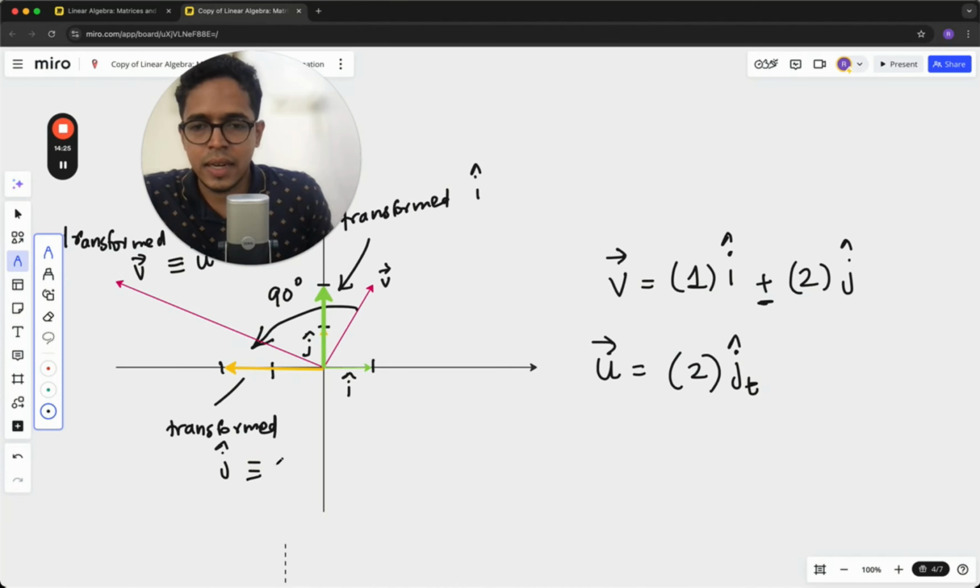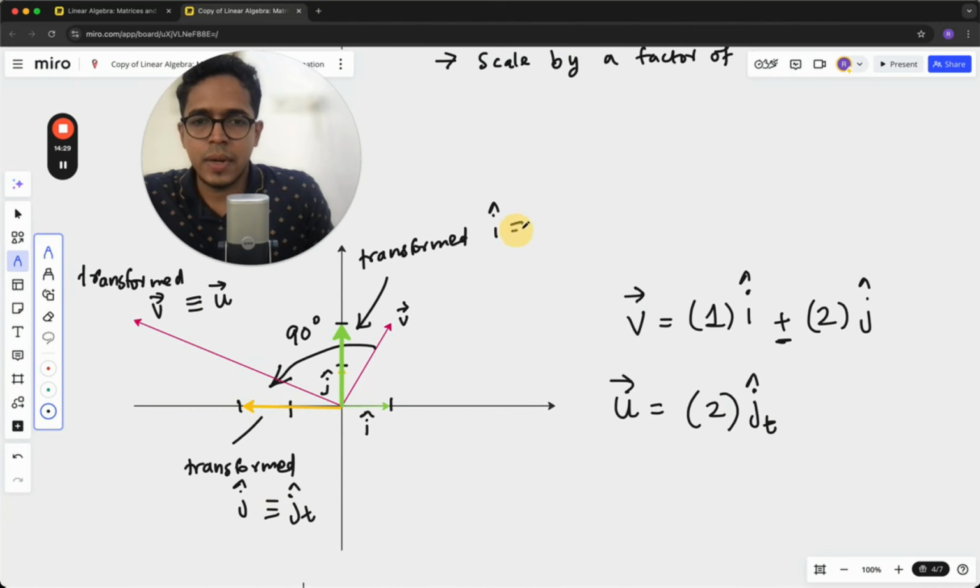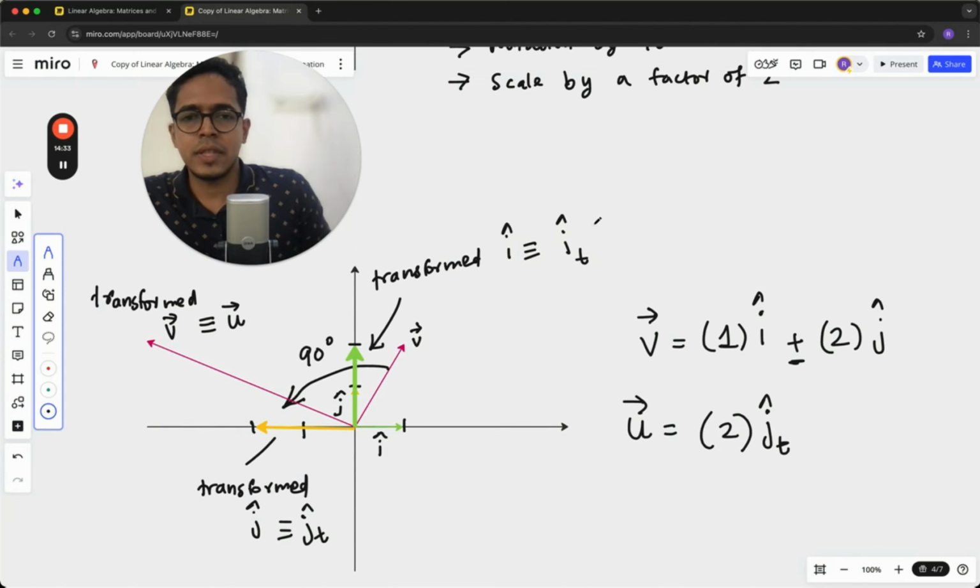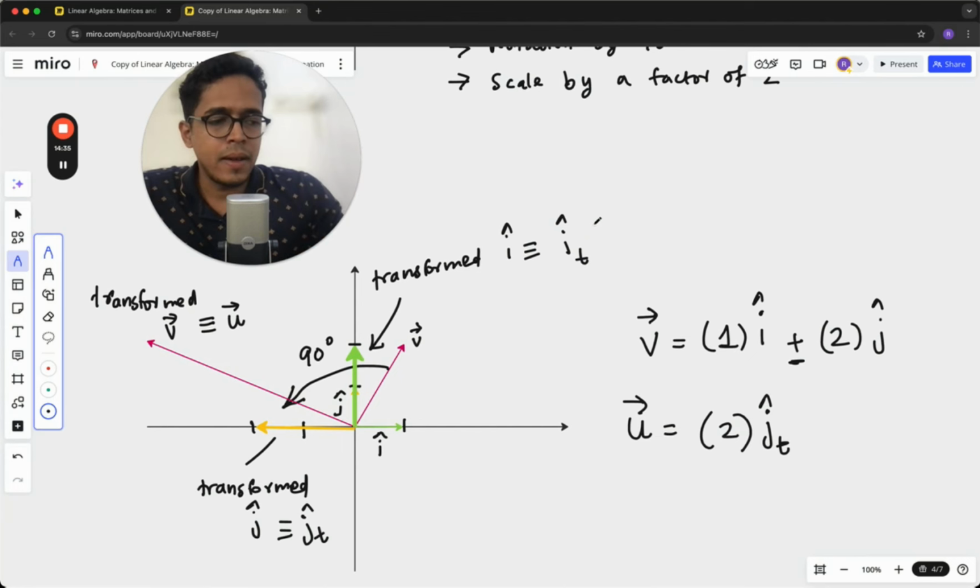So this is j transformed. Transformed i I can denote as it. I'm sure some of these notations are probably used in some other context, but I'm not referring to any of those contexts. I just want to keep it to the geometric intuition at this point.